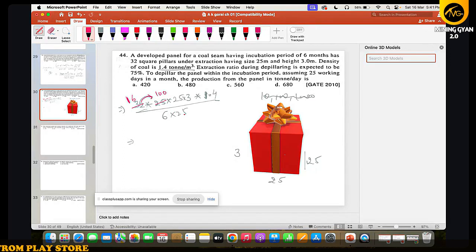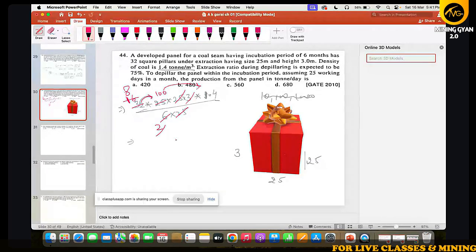Easy. And this 25 will be cut. When we multiply it, it will become 8 into 140.